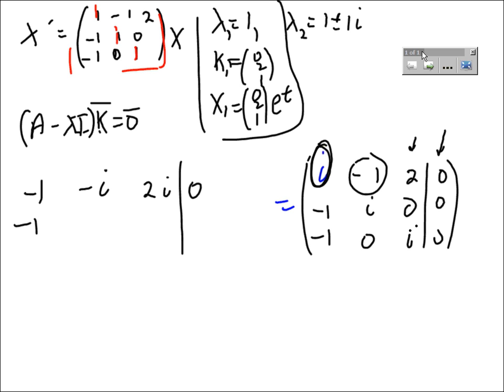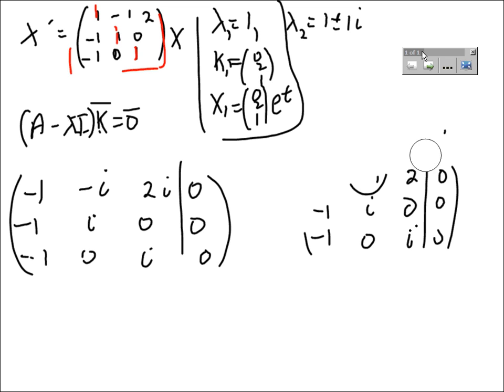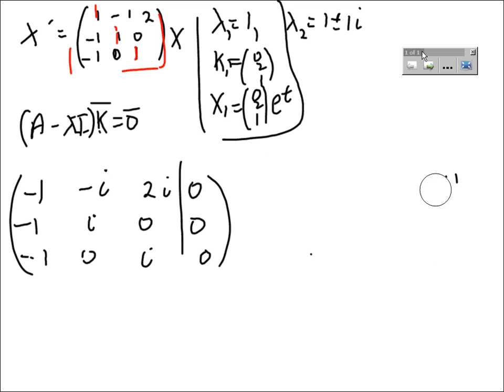The second and the third row, I'm not going to change yet. Due to space constraint, this is gone. Now, I'm going to leave row 1 the same, but then I'm going to do row 2 minus row 1.